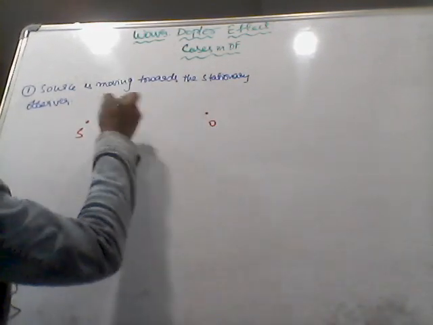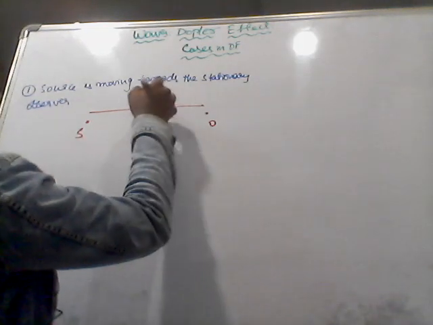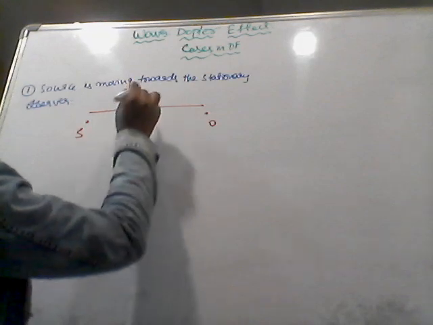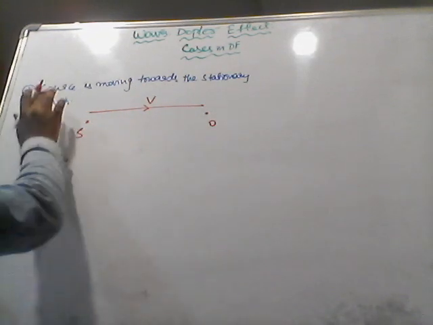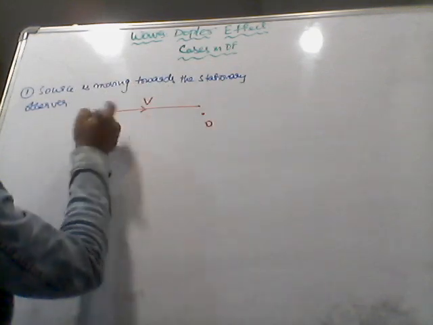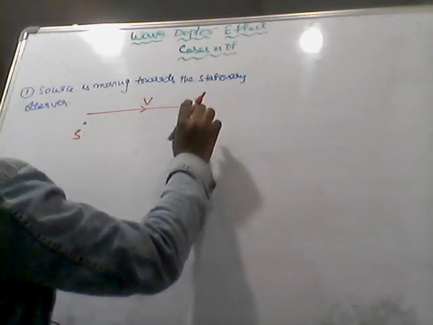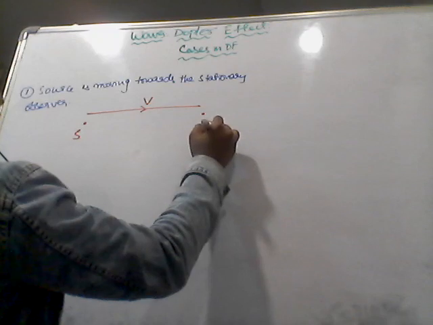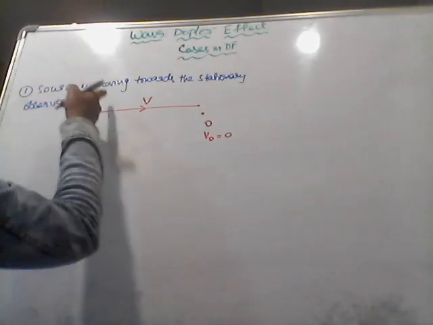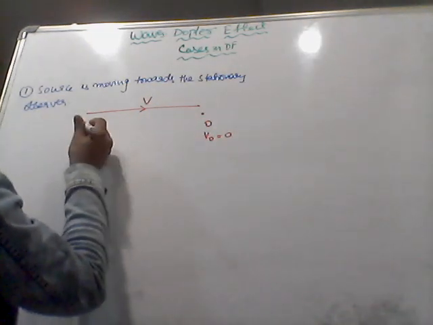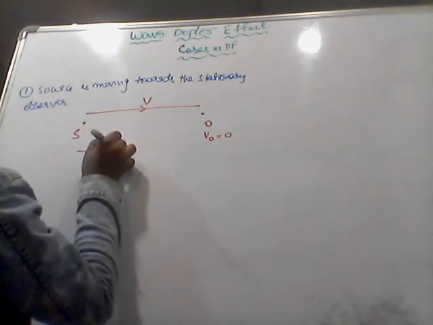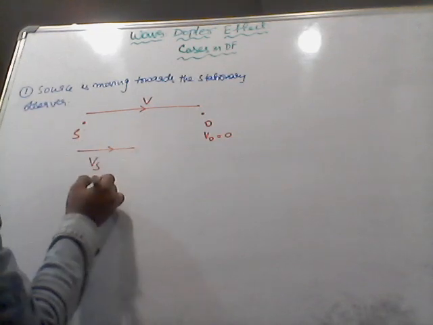As already discussed in my previous video, the velocity of the sound is always from the source to the observer. This is v. The case they have given says the source is moving towards the stationary observer, and the velocity of the observer is 0 because they said stationary observer. The source is moving in this direction. This is Vs, correct?